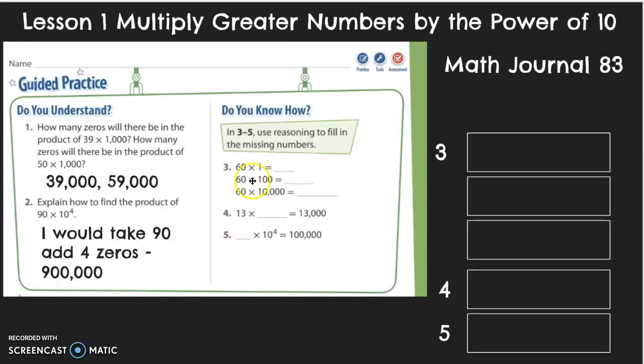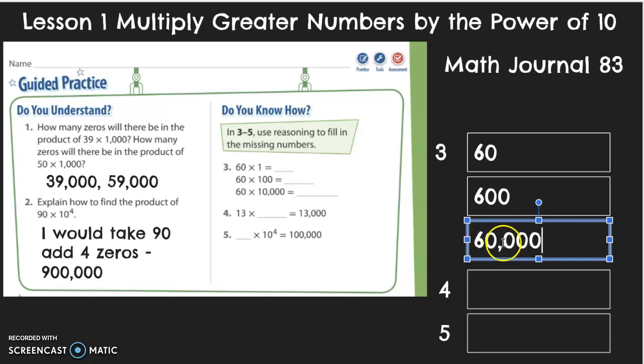Now over here, we got 60 times 1, number 3. 60 times 1, that's 60. 60 times 100, we're going to add the 2 zeros. 60 times 10,000, not 1,000. So here we got to add 4 zeros.